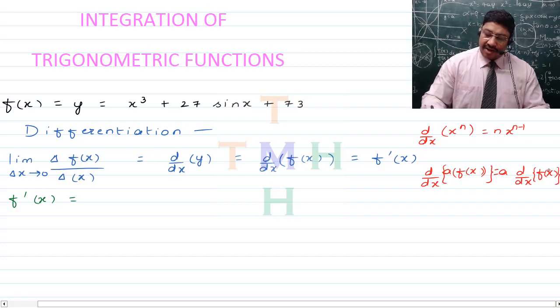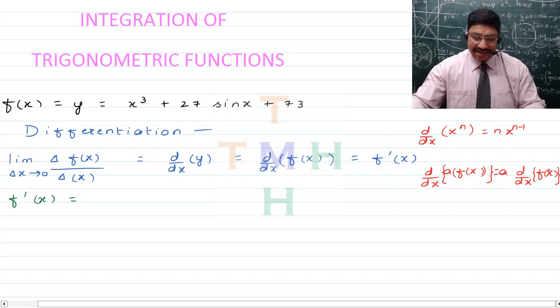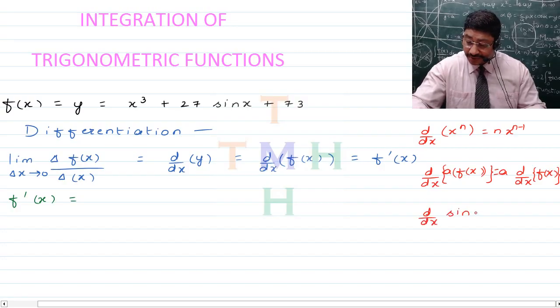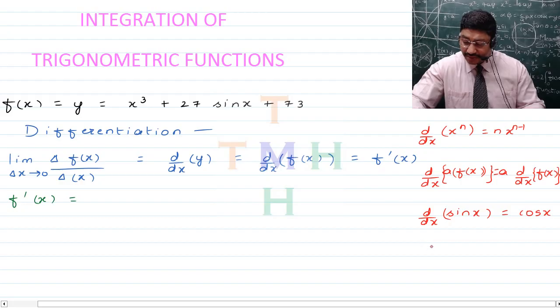Now after this we have the next formula, that is, the derivative of the sine x function. This is a trigonometric function and its derivative is equal to cos x. Further, we also have the derivative of a constant. Like 73 is a constant and the derivative of a constant is 0.